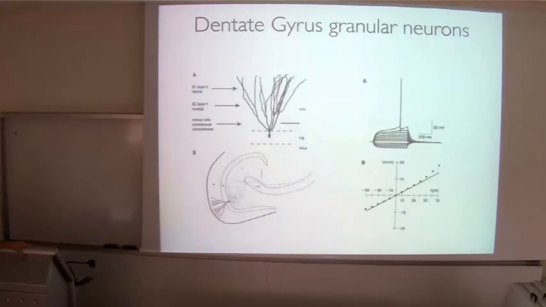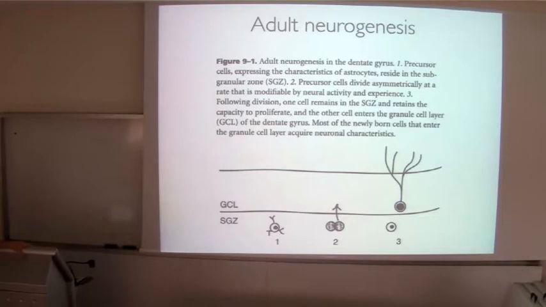Okay, so yeah. The other thing that is very interesting about dentate gyrus neurons is that they are, I think in humans at least, the only neurons that have neurogenesis in adults. You've probably heard about that from Adi as well, I'm not sure.